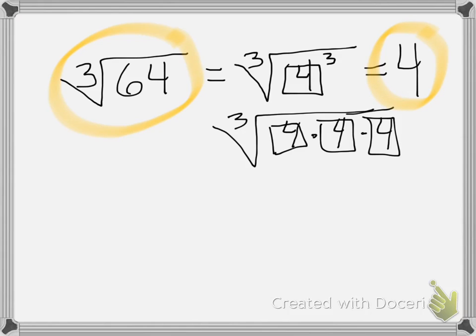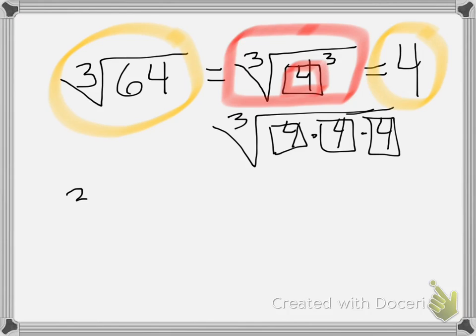So once you set it up this way, it's easy to see the answer because it's whatever's in here. Okay. So how about, let's see, the cube root of b cubed?